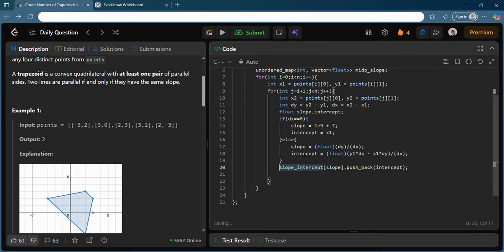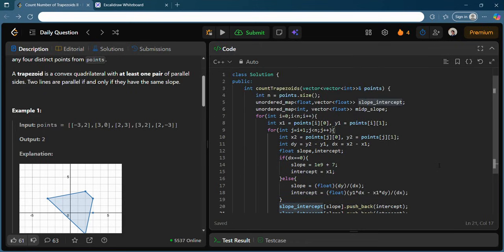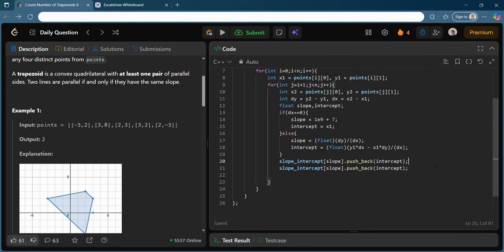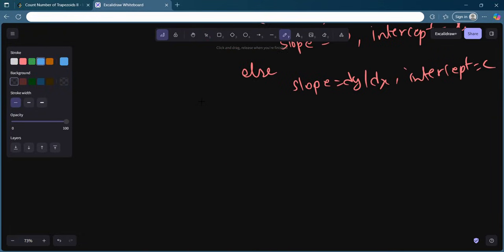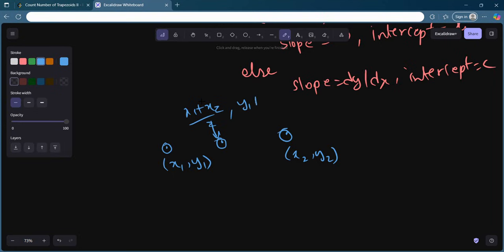Now calculate the midpoint to slope map. I hope you know this very easily: if there are 2 points x1 y1 and x2 y2, what is the midpoint? Midpoint is nothing but (x1 plus x2) by 2 comma (y1 plus y2) by 2.